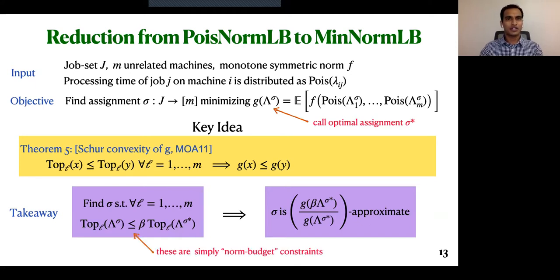If you focus on the box to the left, you'll notice that these constraints are simply norm budget constraints. Recall from the introduction that we can replace these multiple norm budget constraints with a single norm minimization objective. This is exactly what we do in our reduction.